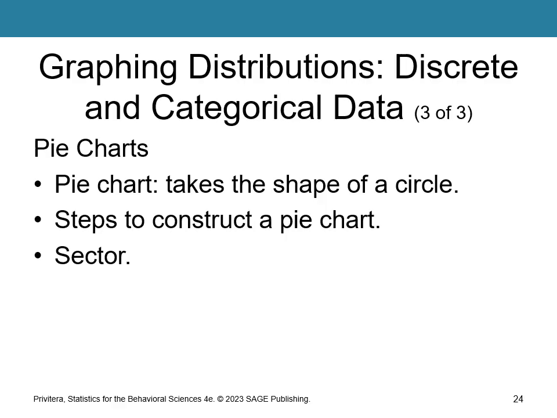A pie chart is a graphical display in the shape of a circle. It's used to summarize the relative percentage of discrete and categorical data into sectors and is used almost exclusively with discrete and categorical data. You can think of pie charts as slices or pieces of data. To construct a pie chart, first distribute your data as relative percentages.